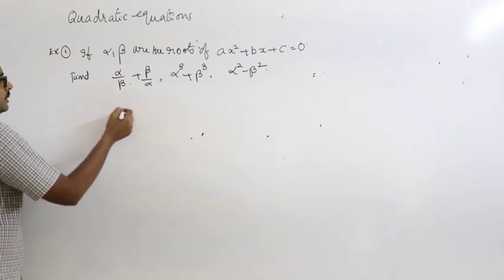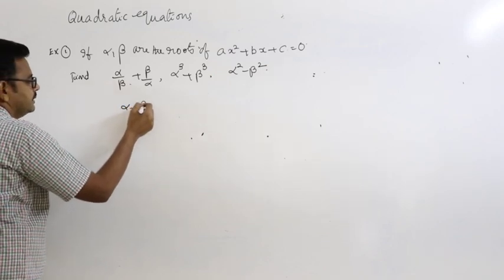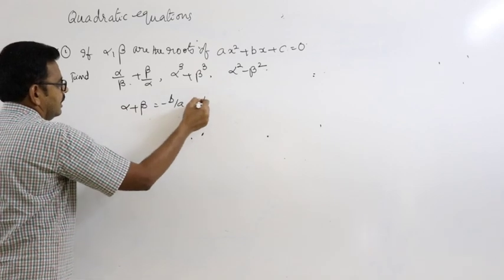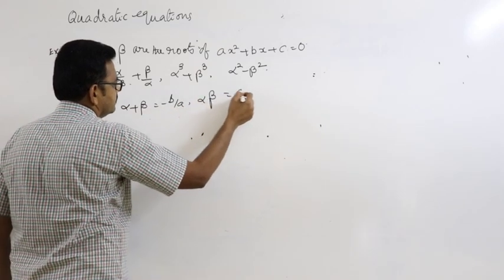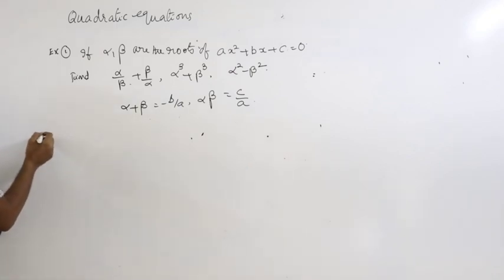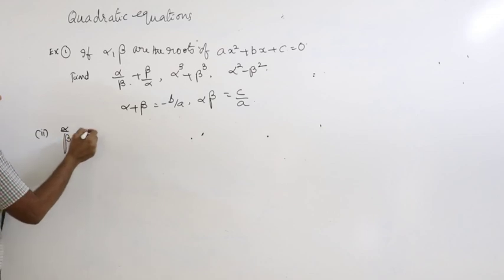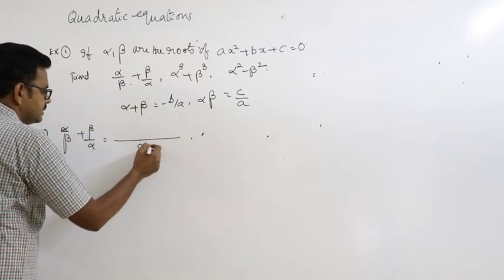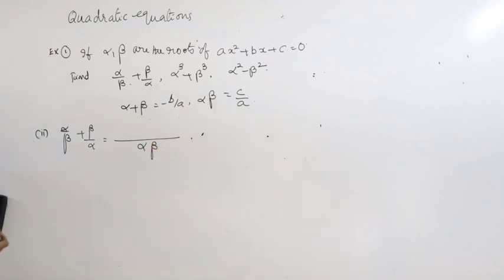See here, you know that alpha plus beta is equal to minus b by a, and alpha beta is equal to c by a. First one, alpha by beta plus beta by alpha, taking LCM, alpha beta is the LCM.